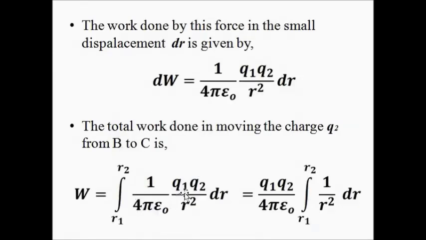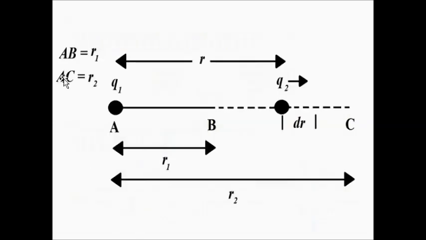For that we have to integrate this whole F dr expression from the lower limit R1 to the upper limit R2. This is the distance AB, the separation between A and B, and this is the separation of A and C. AB is R1, AC is R2.